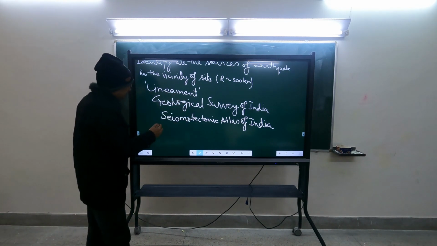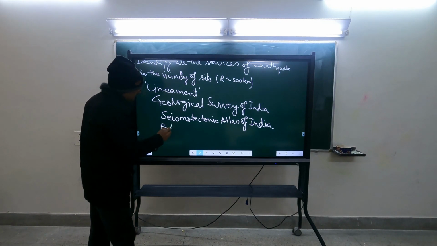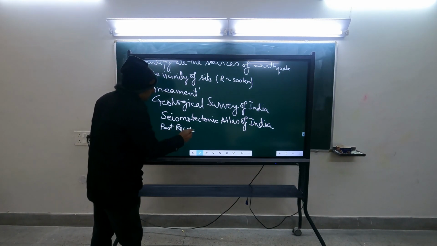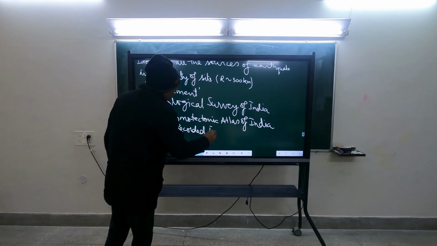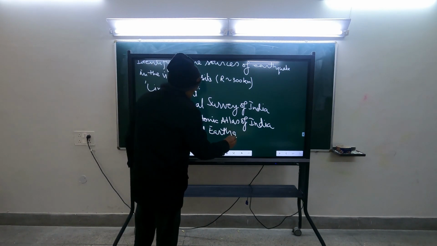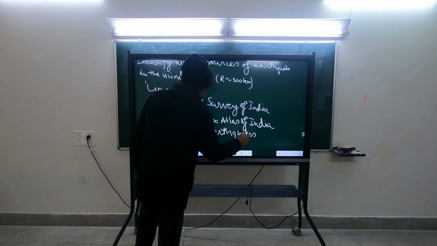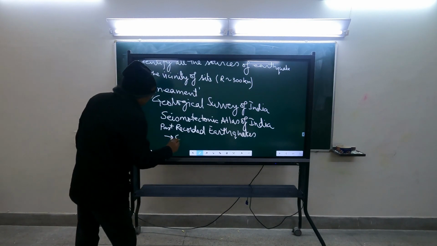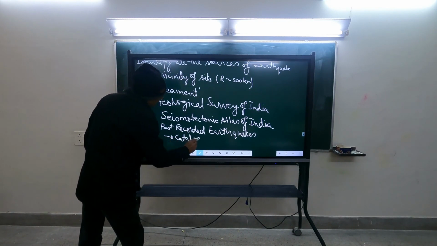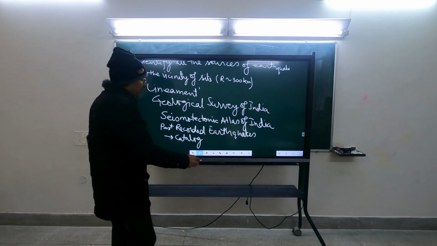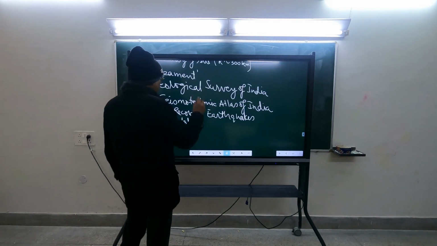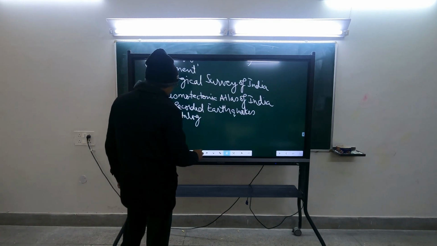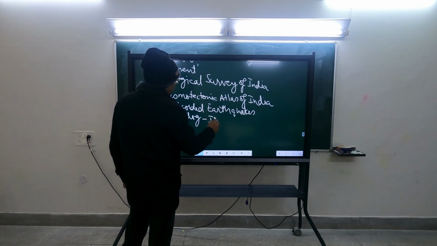And then of course, as you said, the past recorded earthquakes. This is called a catalog of earthquakes. This cataloging of earthquakes is done by IMD. What is IMD? Indian Meteorological Department.